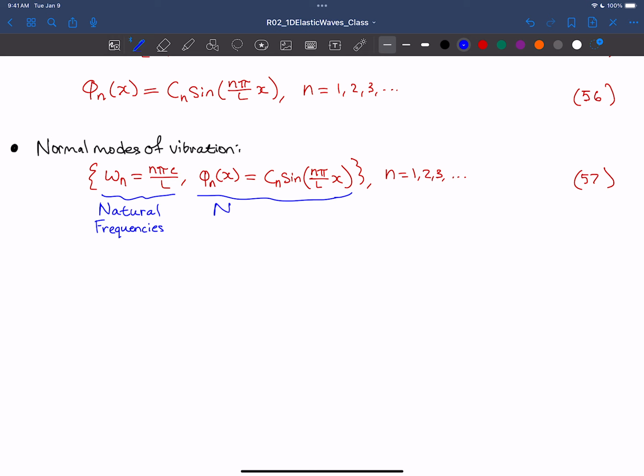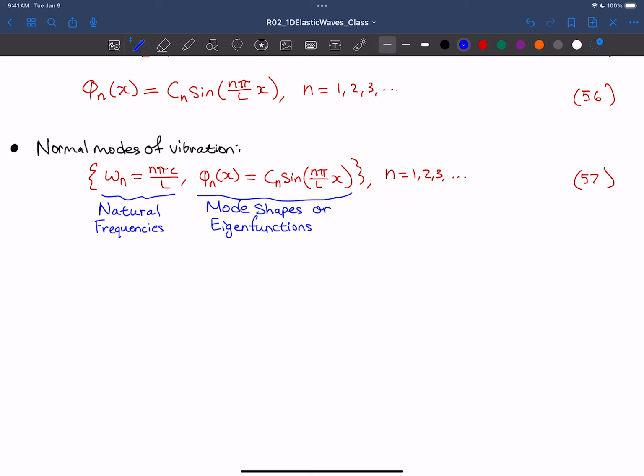And these are our mode shapes, or also called eigenfunctions. Those two are used interchangeably.